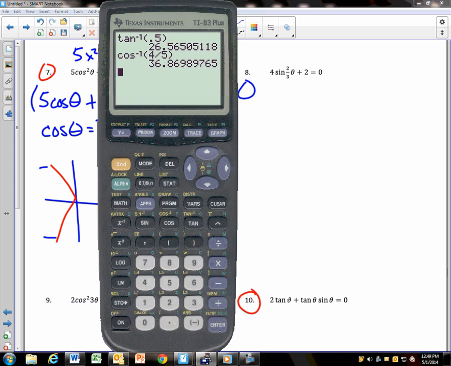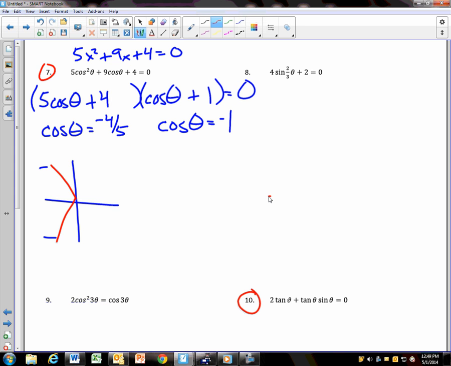No, 36.87. You got 180 minus 36.87, which is 143.13. And then 180 plus is going to give you 216.87.